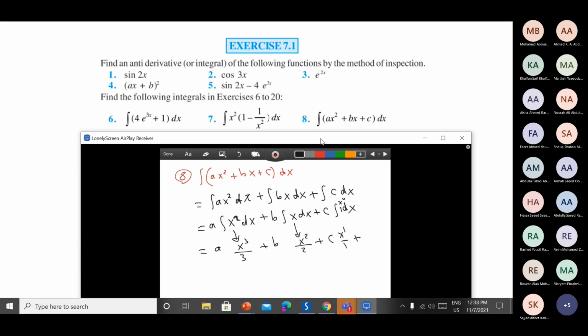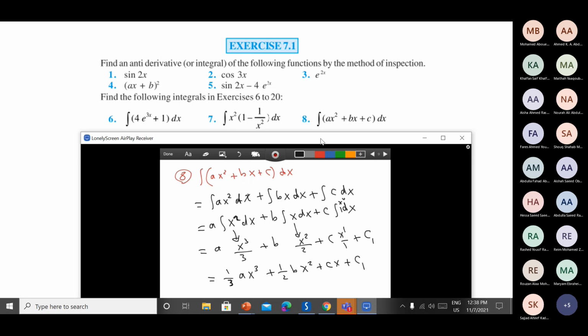I cannot call the constant here c because I have already c here, so I can call it c1, or any different notation. So 1 over 3 a x cubed, to write nicely, 1 over 2 b x squared plus cx plus c1. This is how to integrate this one.